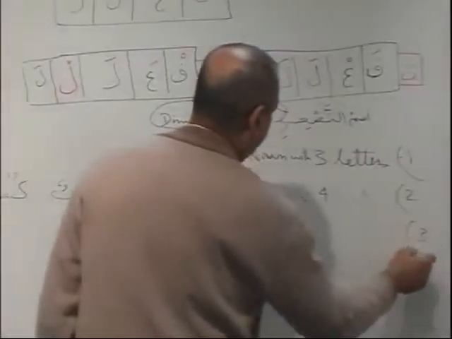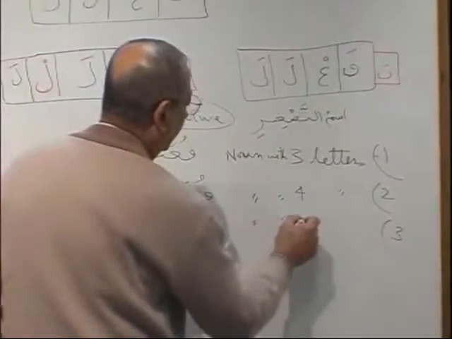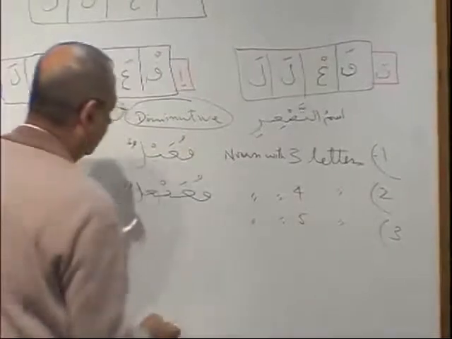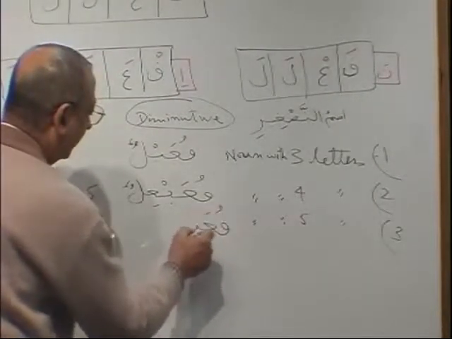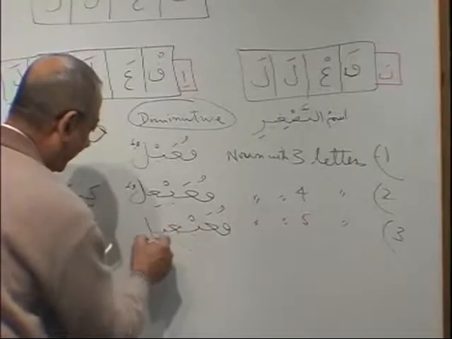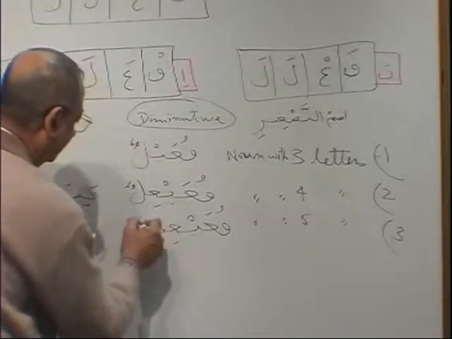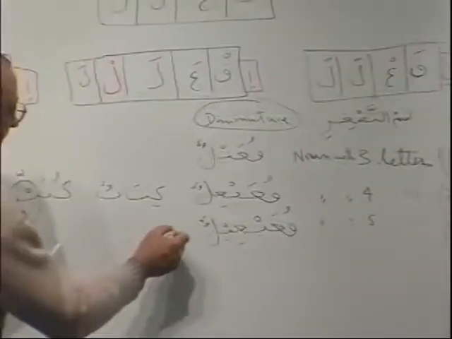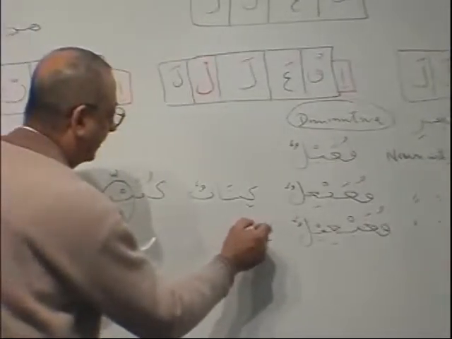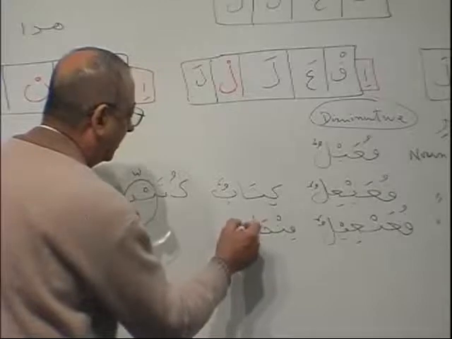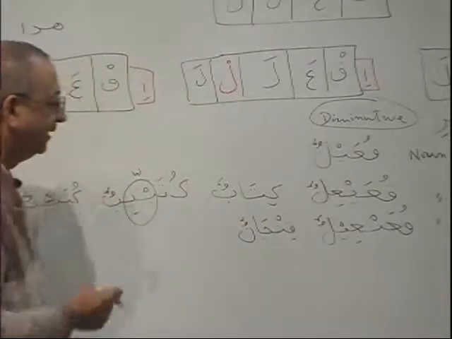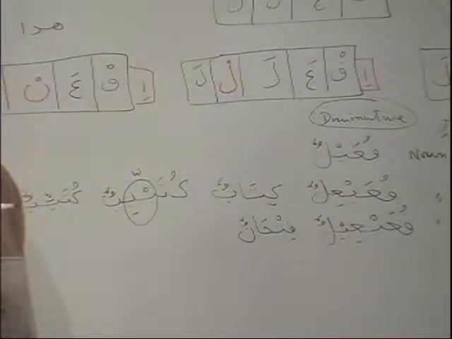Number 3. If the noun has got 5 letters, the wazn becomes fu'ai'ilun. Finjanun. How many letters? Fin ja nun? 5 letters.